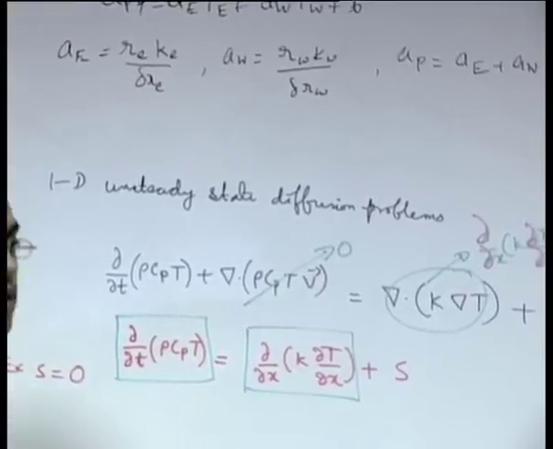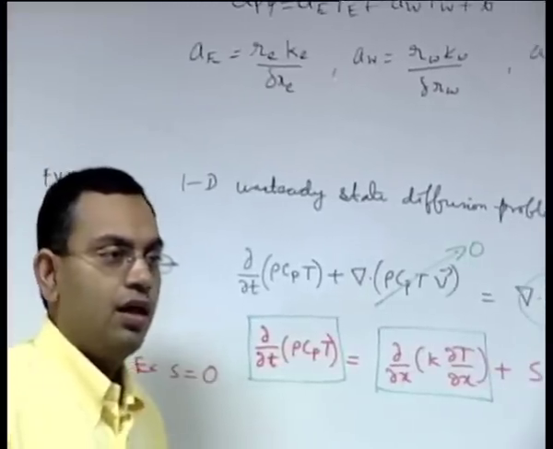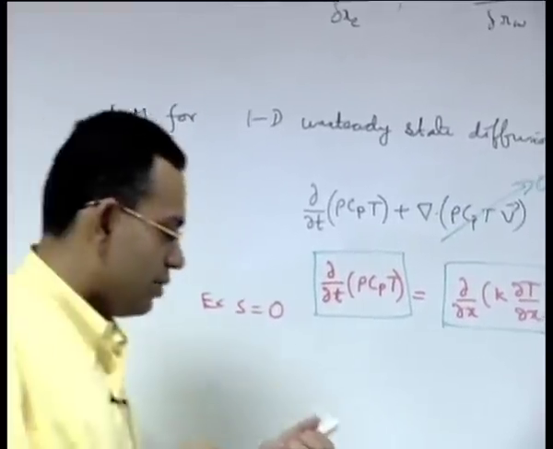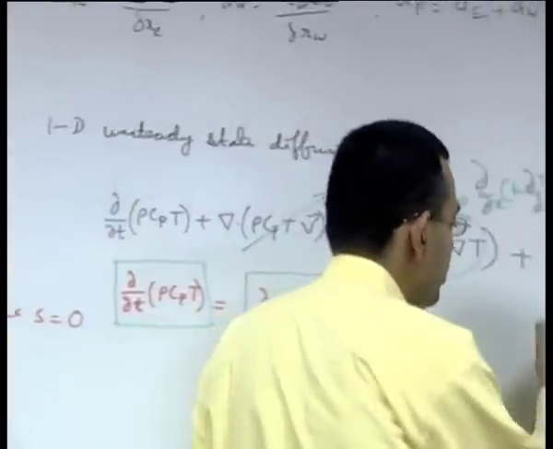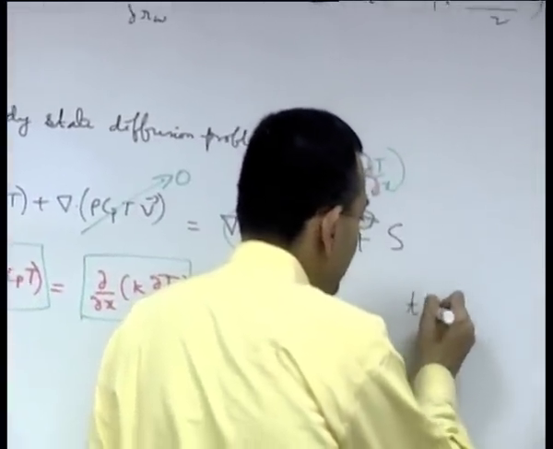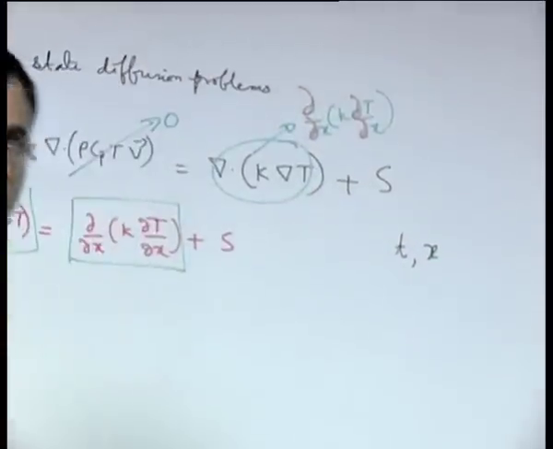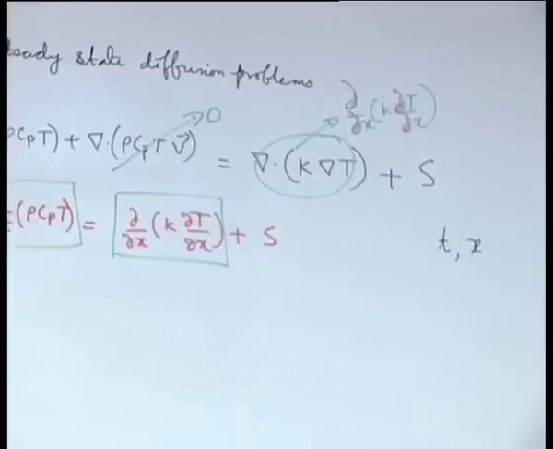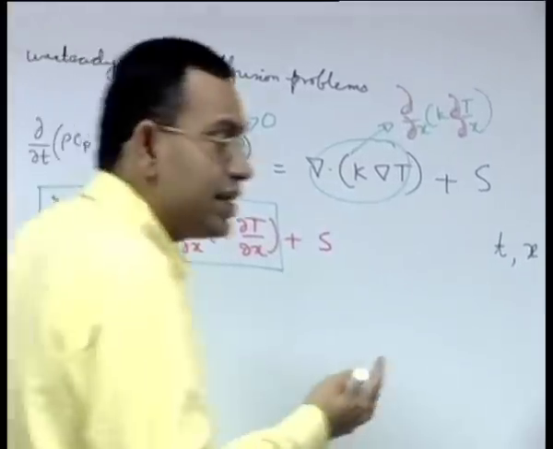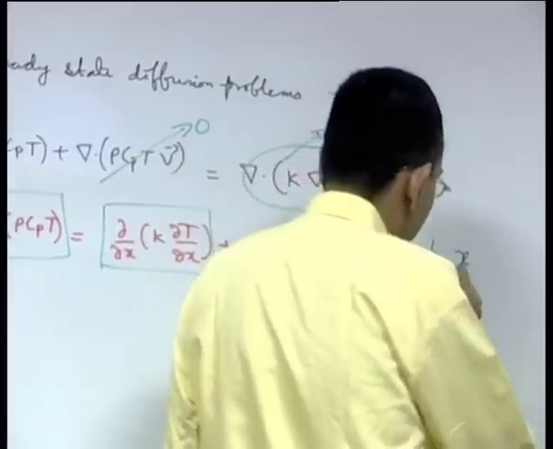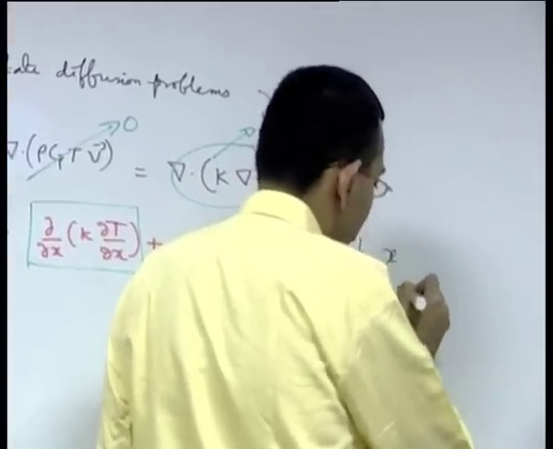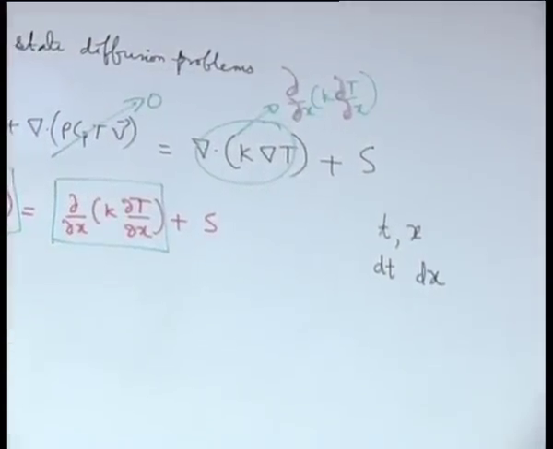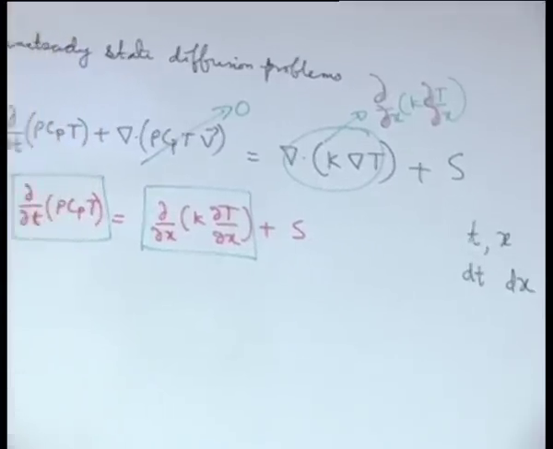So what will be the first step? Integrate the governing differential equation over the elemental domain. Now here the domain involves the specification of two coordinates, time and x. So when you integrate it over an elemental volume in the domain space, there will be elemental time also, dt and dx. We have to remember that it is not a physical volume that we are talking about.